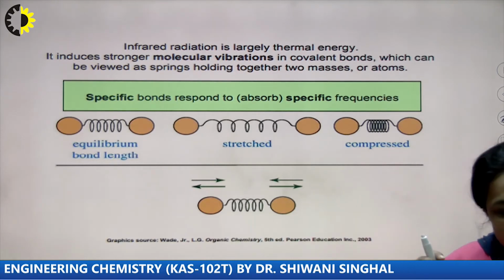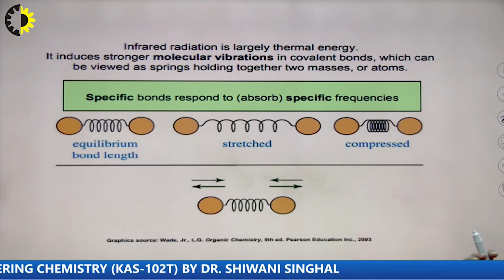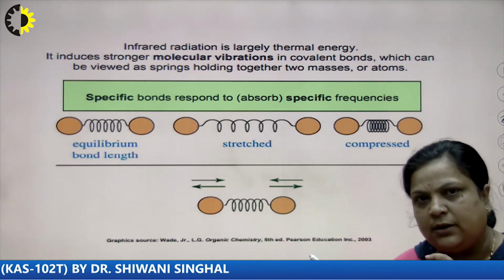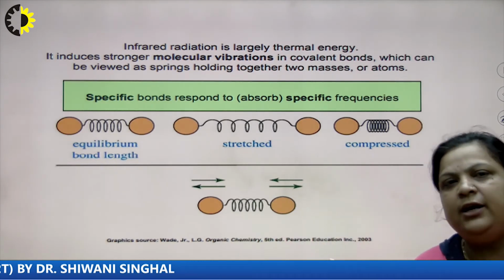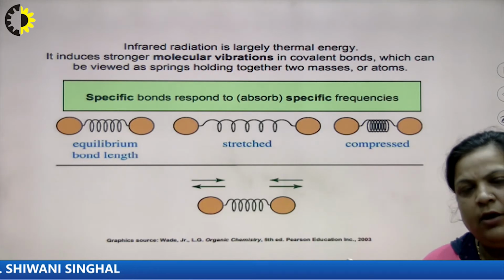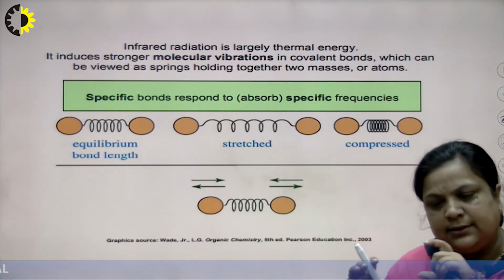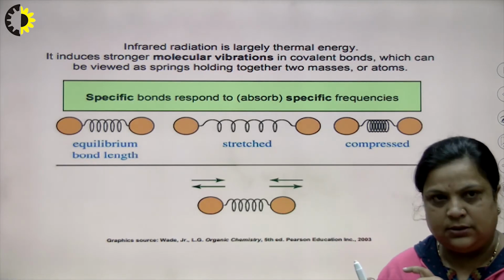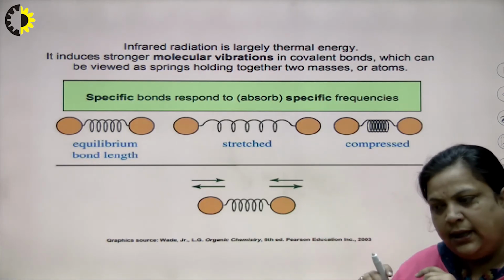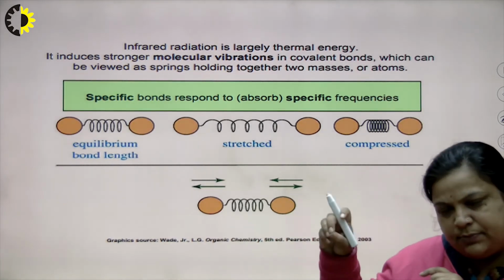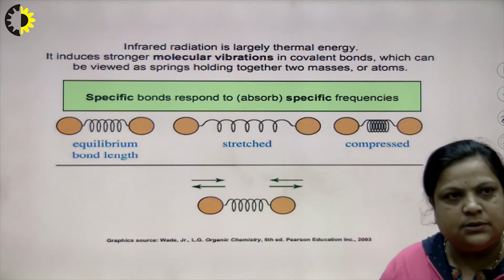Above 100 centimeter inverse we can get spectra due to vibration and rotation. But at higher values of energy or frequency, the spectrum occurs only due to vibrations, and we can say that this type of band or spectrum is IR spectrum.